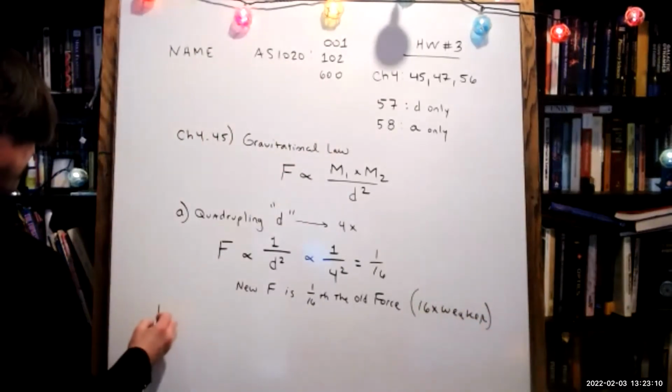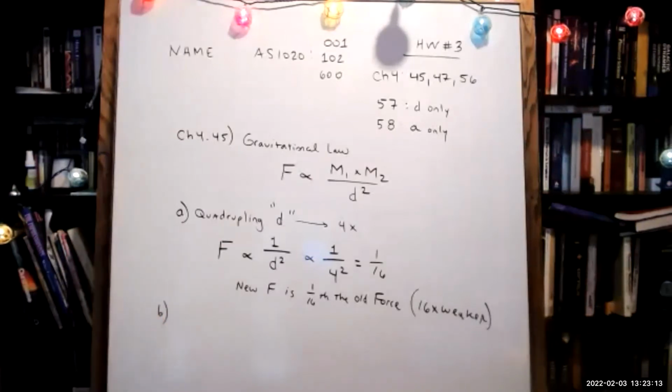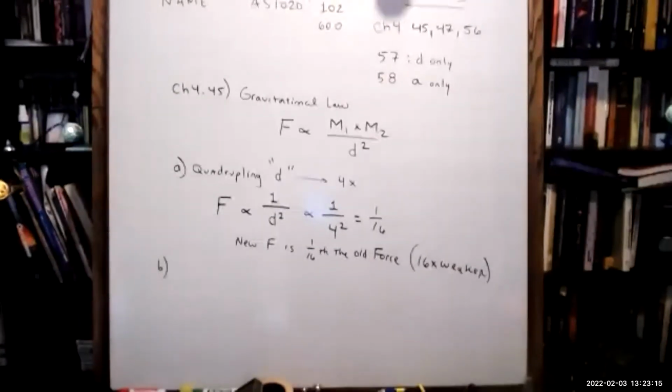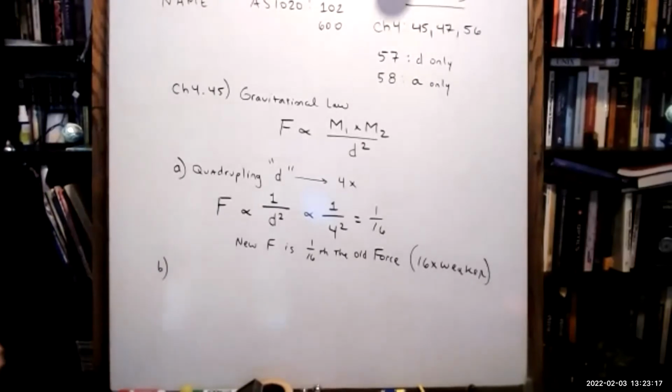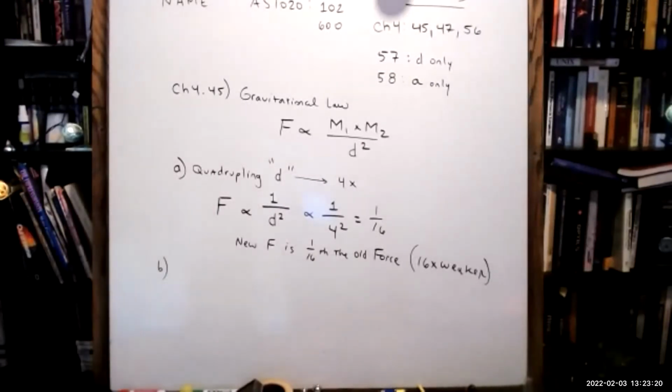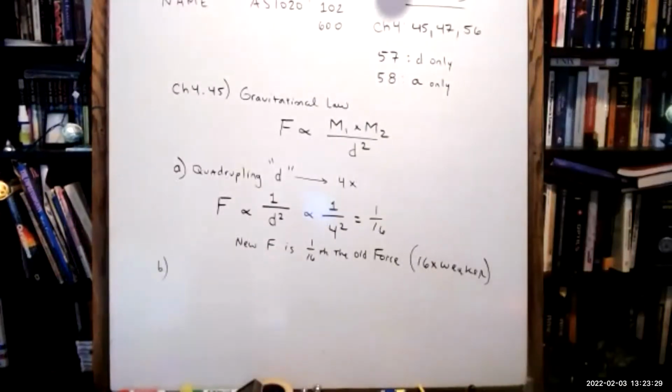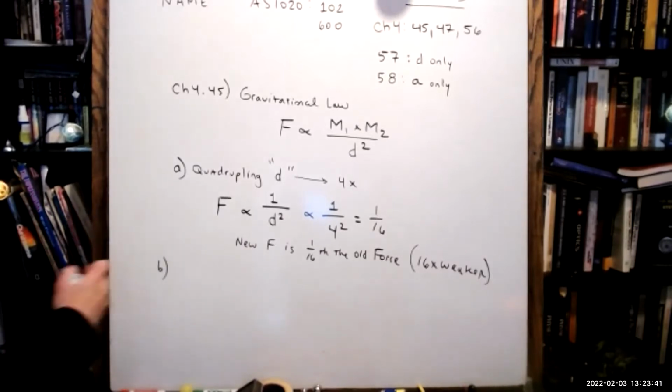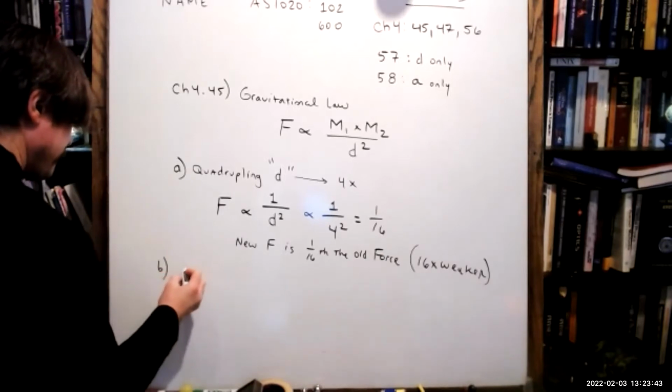What's question B? Hang on, I'm just writing down the answer. Sure, when you're ready. B is, suppose the sun were somehow replaced by a star with twice as much mass.